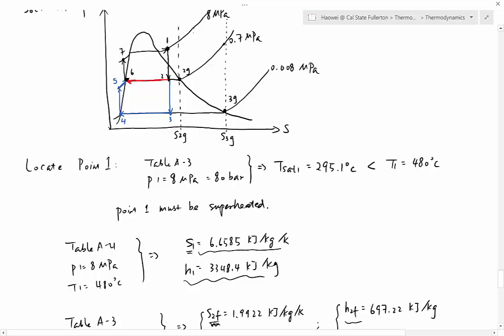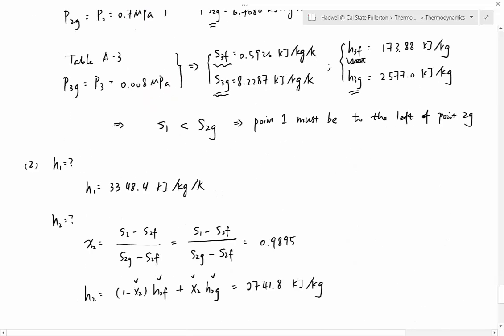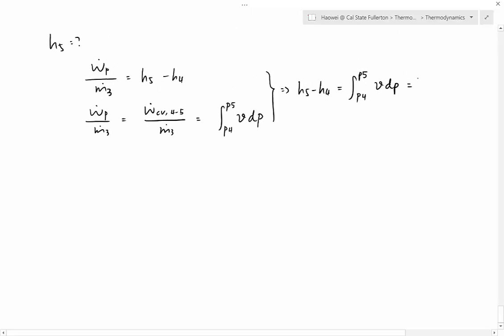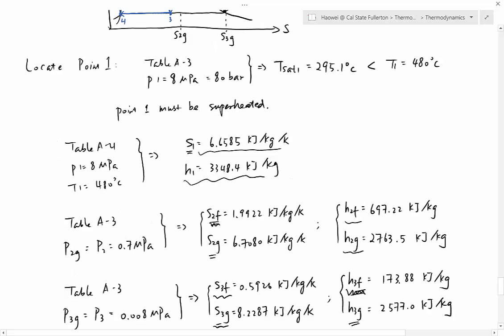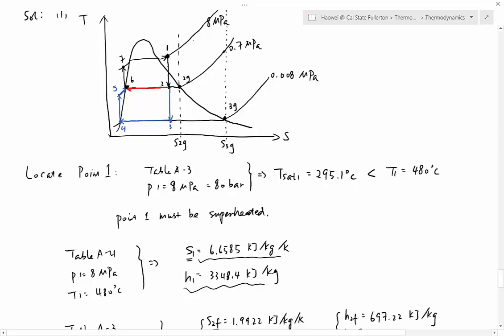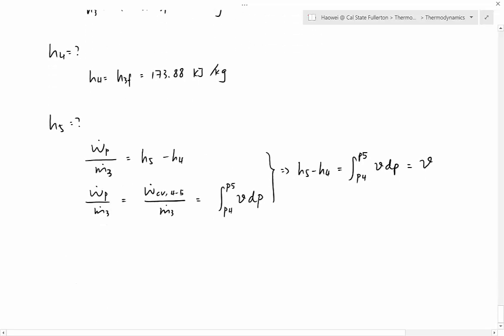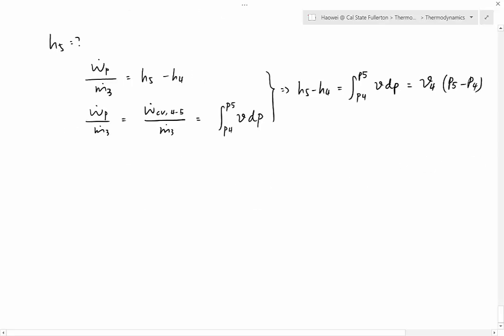And the inverse of density is nu, so nu must be constant. If nu is constant, we can take it out. And once you take it out, you can give it a subscript, and we prefer to call it nu 4, because nu 4 is equal to nu f at 0.008 megapascal, which is easy to find from the table. What is left is P5 minus P4. So from here, we can easily find H5. H5 is equal to H4 plus nu 4 times P5 minus P4.